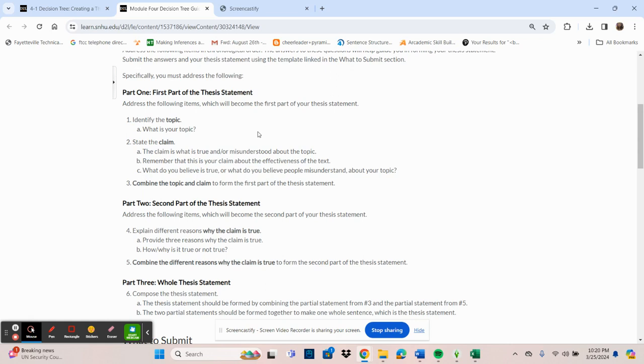But remember, just because you read something or you're given something that somebody wrote, whether it's an article from a peer-reviewed journal, a magazine, a newspaper, or a credible news site, that still doesn't mean that everything in that text is effectively presented.